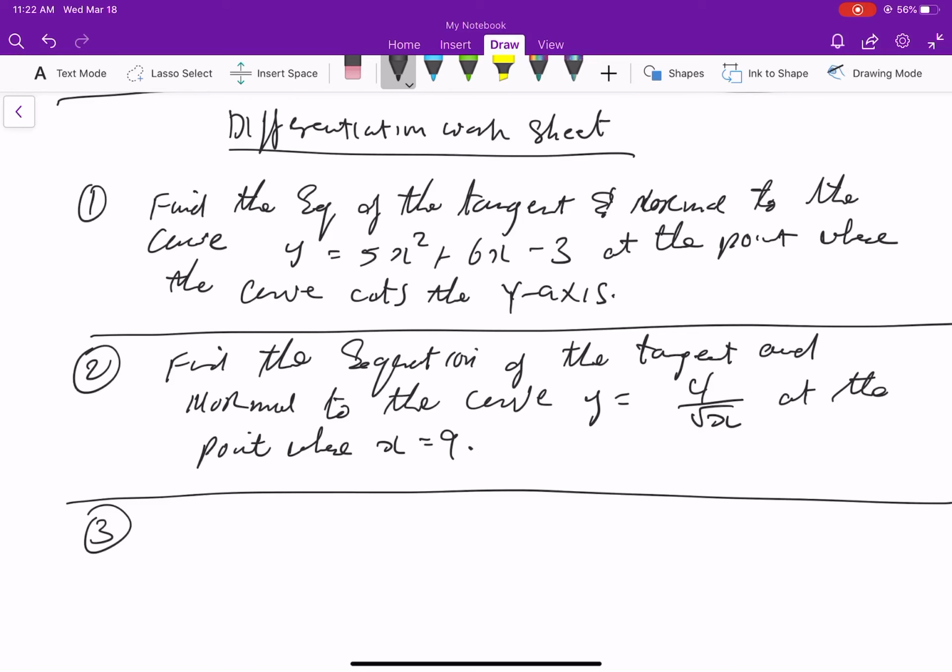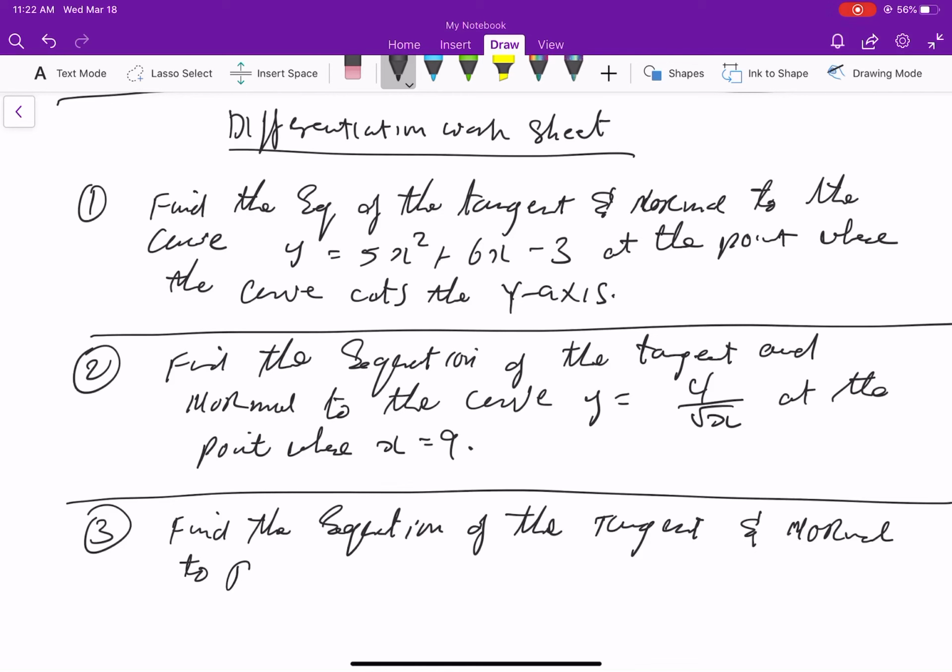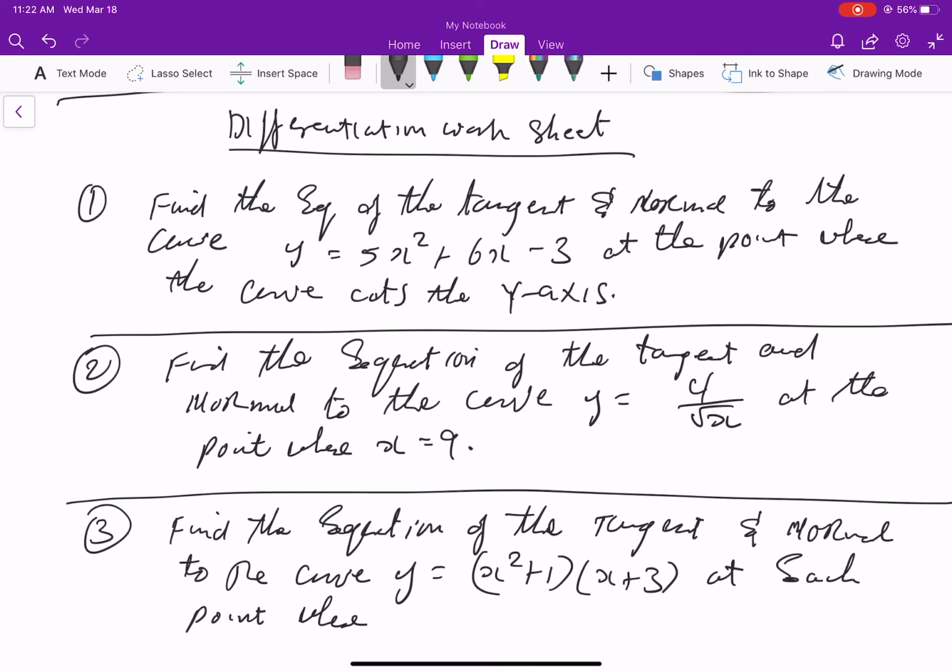This one is rather lengthy. Find the equation of the tangent and normal to the curve y is equal to x squared plus 1 times x plus 3, at each point where the curve cuts the x-axis.